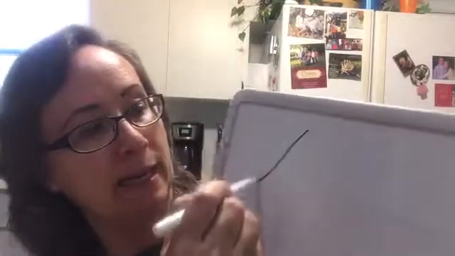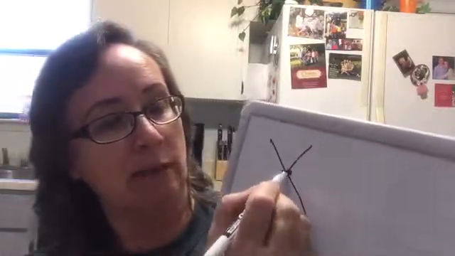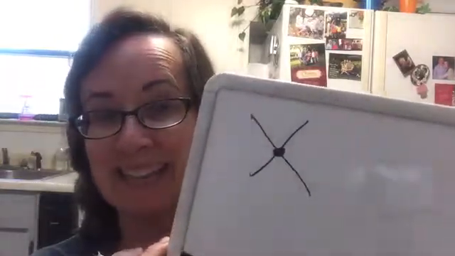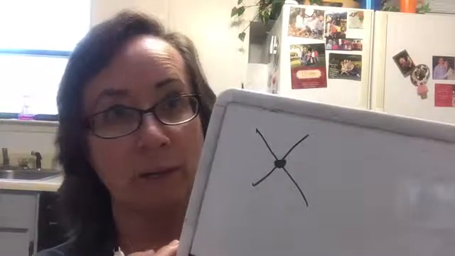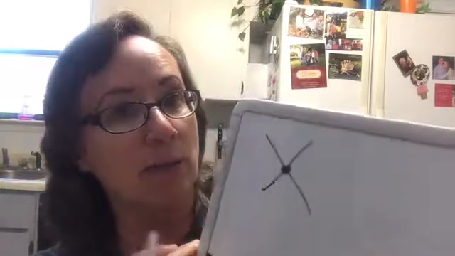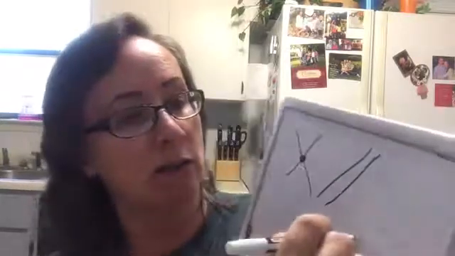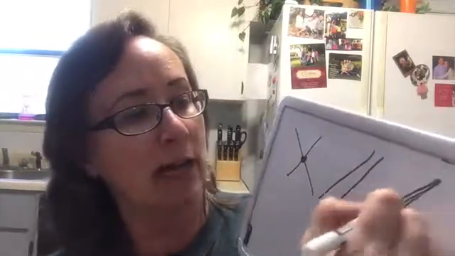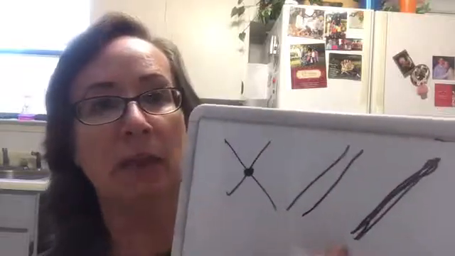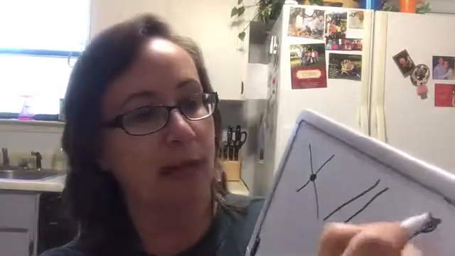Okay, we can have one solution. Everything we've talked about today so far, all of 5.1, has been one solution. But now we're going to talk about how you recognize problems that have no solution, or those that are actually the same line. So that's what we're going to come back and do in the next section, the last part of 5.1.